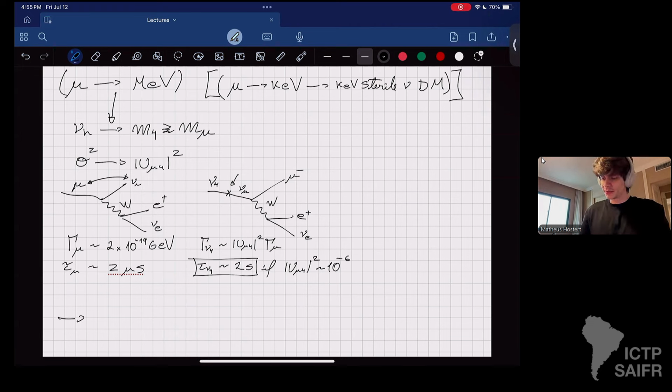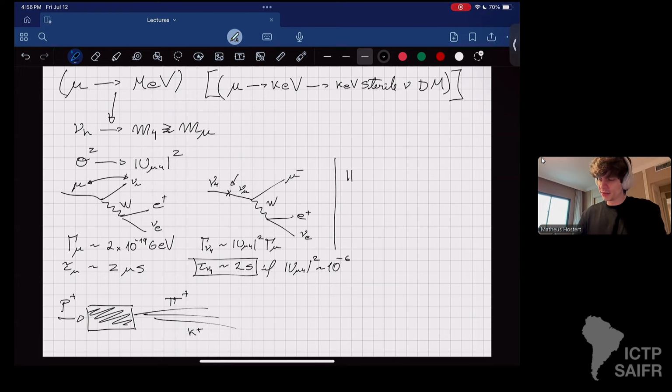And if I go to the picture of accelerator experiments, where you had lots of pions and kaons, these pions and kaons not only produce neutrinos, for instance, mu plus, nu mu, but I can, again, replace this by a heavy neutrino if kinematically allowed.